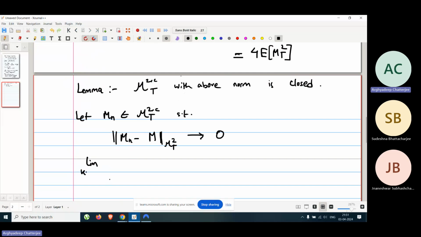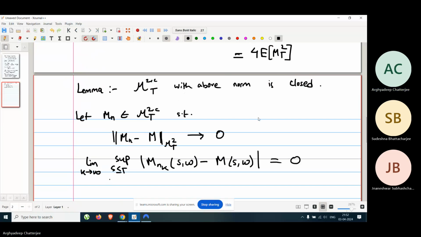We can now say that the limit as k tends to infinity of the supremum over s, 0 ≤ s ≤ t, of |Mnk(s, ω) − M(s, ω)| is 0.